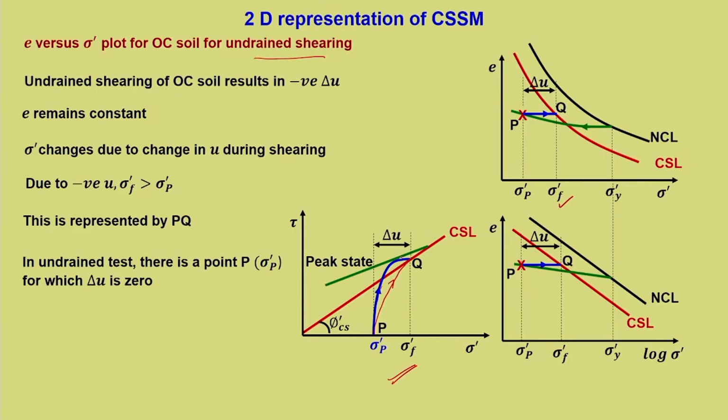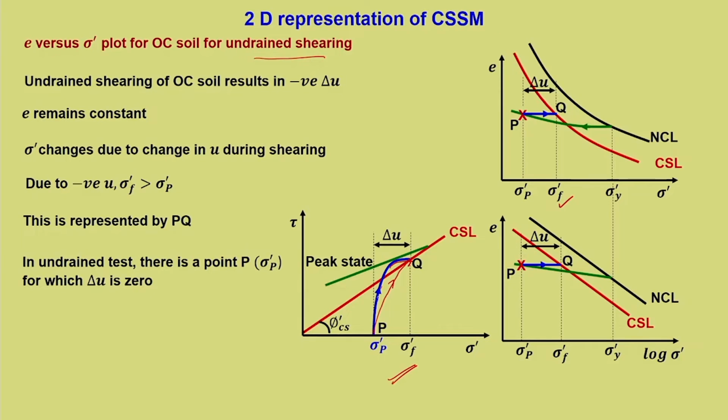Now, in this case, you can see that from P, it moves and then turns rightwards. Depending upon the level of over consolidation, or the over consolidation ratio, whether it is lightly over consolidated or heavily over consolidated, there can be a situation where this particular envelope will result in 0 excess pore water pressure at the failure state.